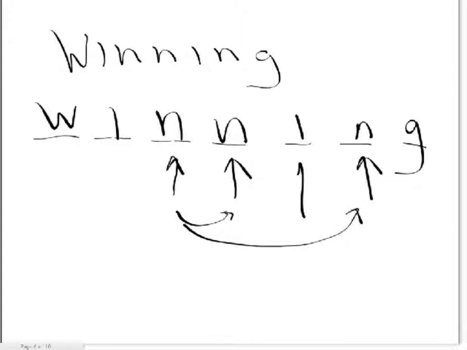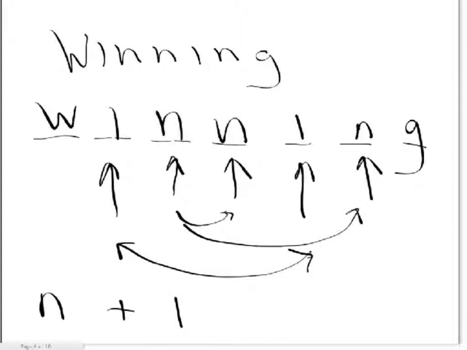You can also do the same thing with I's. You can change them and it will still be the same word. So the N's and the I's are indistinguishable.